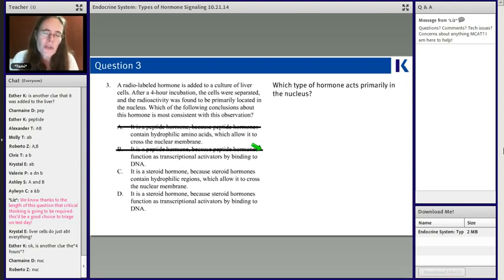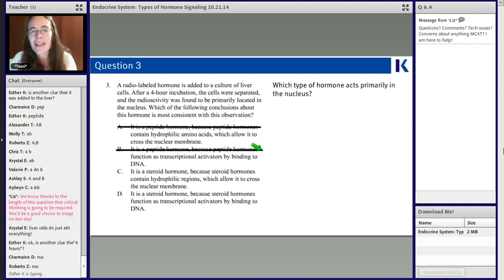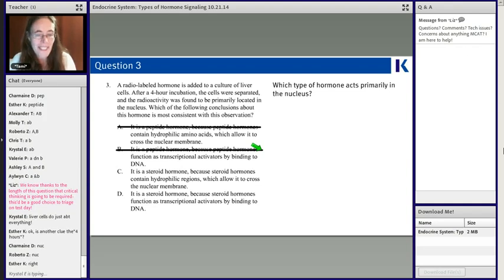You could use the 4-hour incubation definitely as another clue, because remember, peptide hormones should be minutes or seconds, whereas hours or days could be what we're looking for for our steroid hormones. But the biggest one in here is the fact that it's in the nucleus.